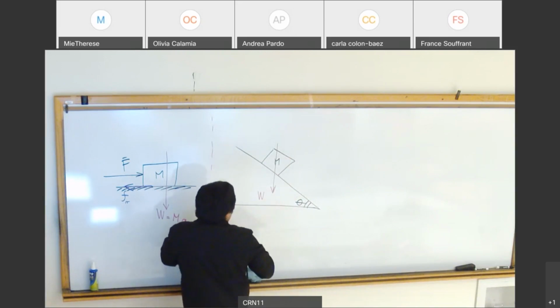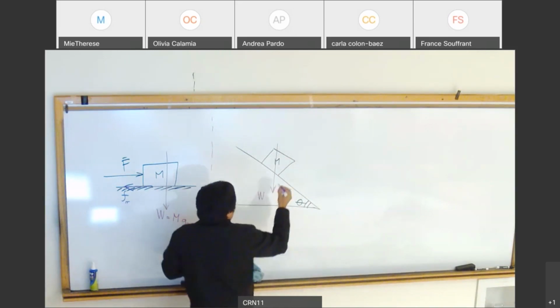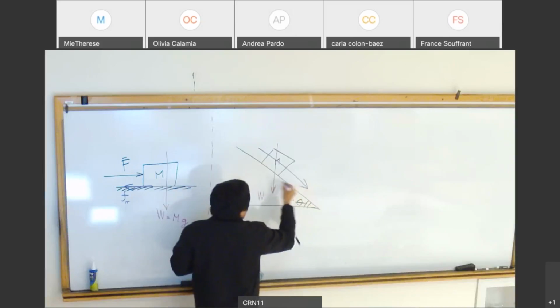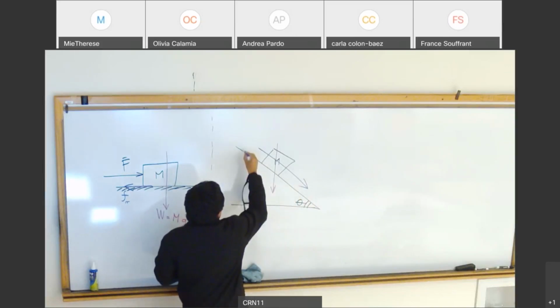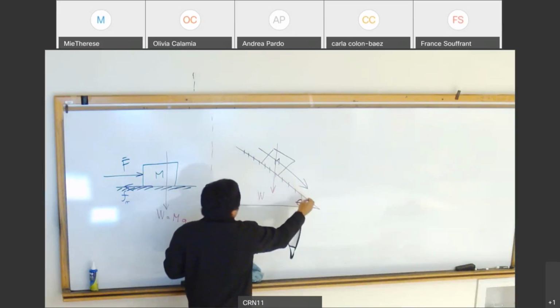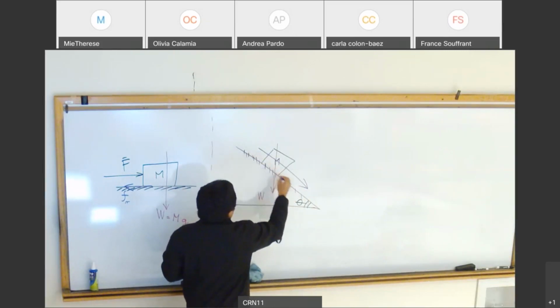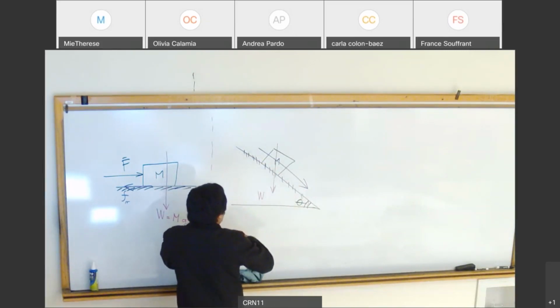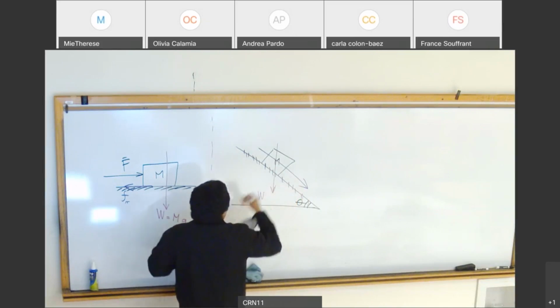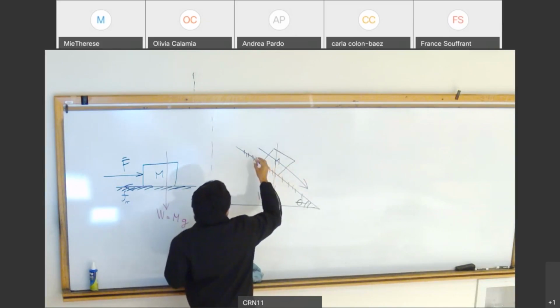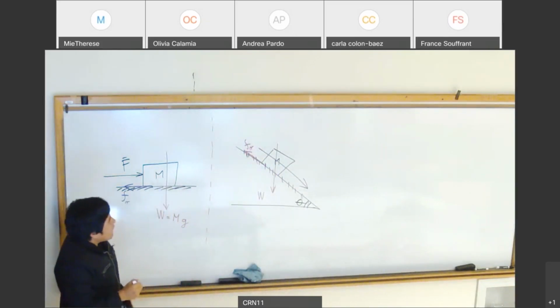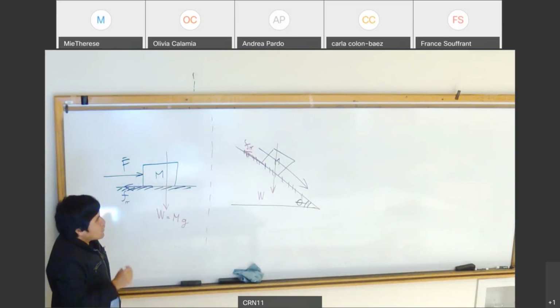There is a component of gravity making it go like this. But because there is friction here, there is a force of friction that is opposite. The motion should be going like this, but there is also friction there. So that's how you draw it.